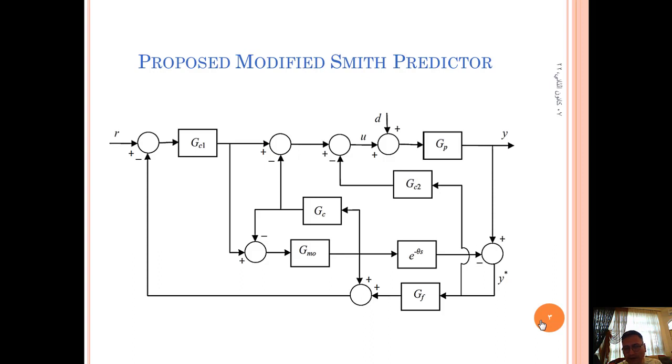Tuning rules were proposed by optimizing the regulatory performance under constraints on the robustness and sensitivity to measurement noise. Good nominal as well as robust performance was achieved for stable, integrating, and unstable processes with time delays.